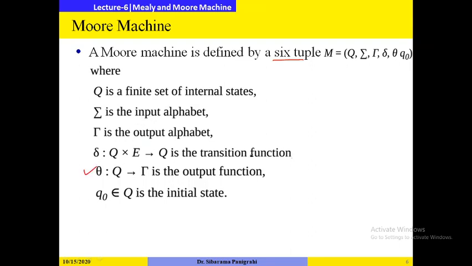In a Mealy machine the output function maps from Q times the input alphabet to the output alphabet, but in a Moore machine the output only depends on the present state.